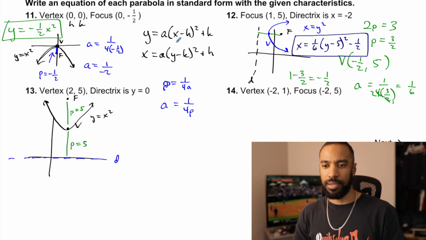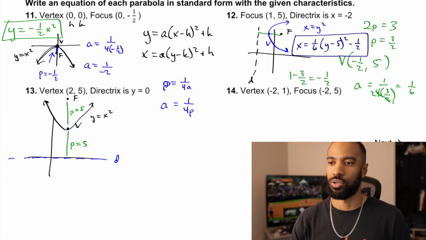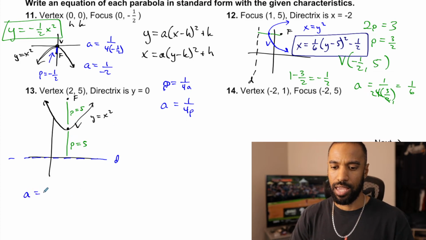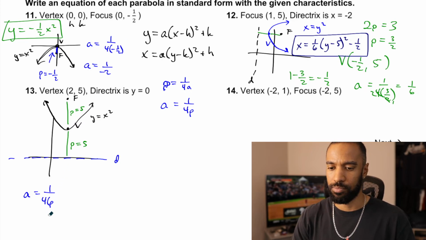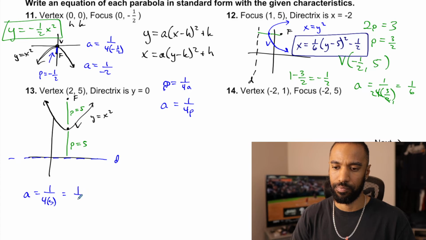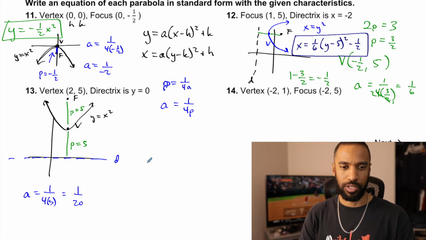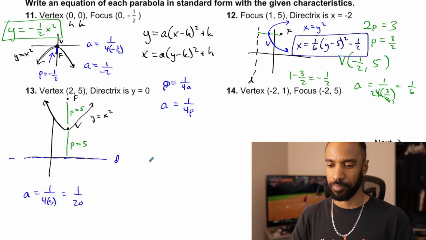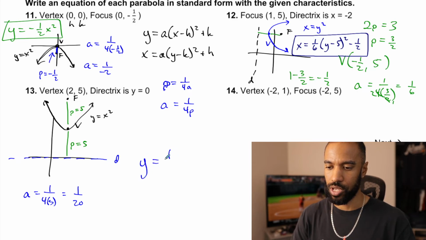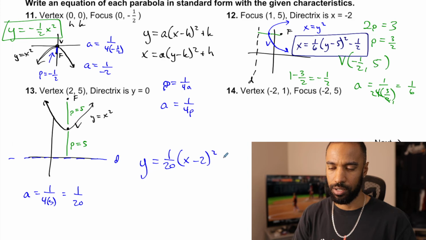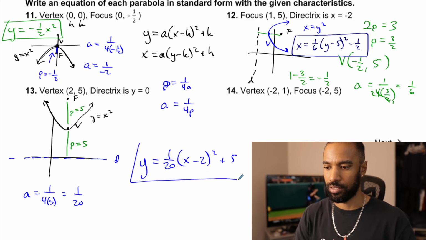We're going to use that to find a, and we know the vertex for h and k. So a is 1 over 4p, 1 over 4 times 5, which is 1/20. Obviously, I'm not drawing my graph to scale; that's part of what I was trying to talk about before. So your equation is y = 1/20 (x - 2)² + 5.